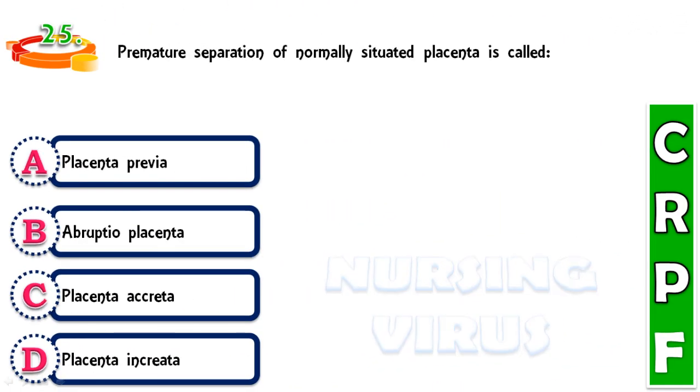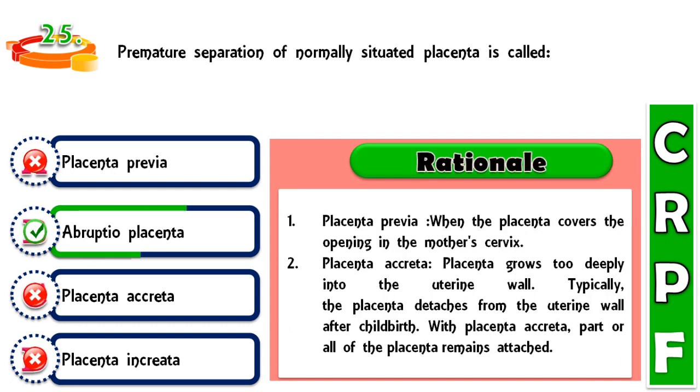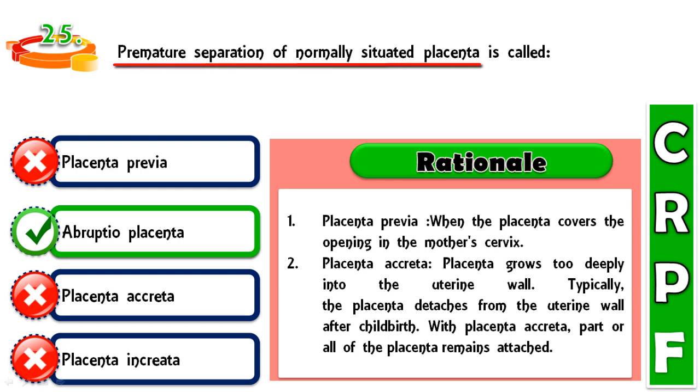25. Premature separation of a normally situated placenta is called placenta previa, abruptio placentae, placenta accreta, placenta increta. So the correct answer is abruptio placentae. That is premature separation of the normally situated placenta in the posterior or anterior part of the uterus.